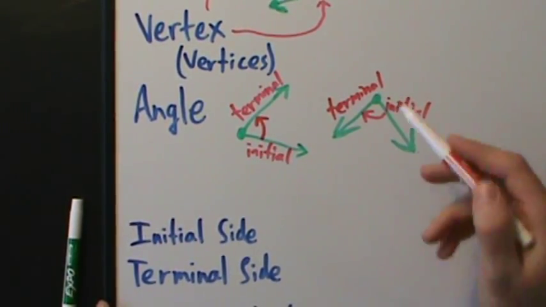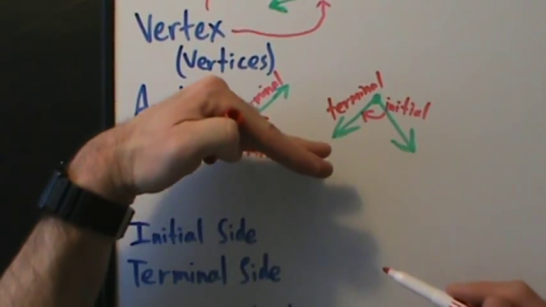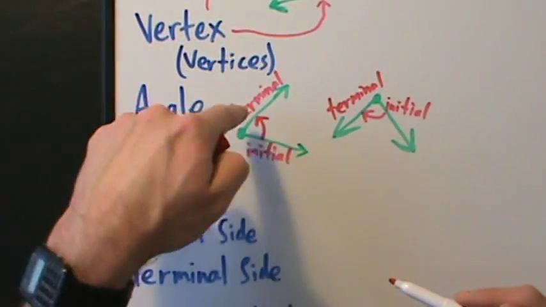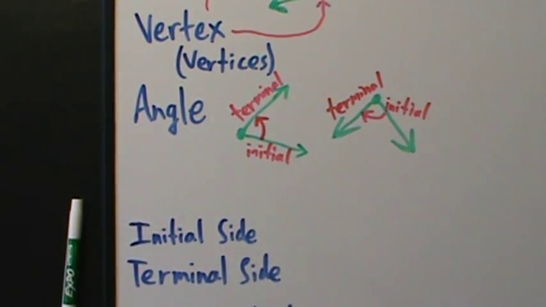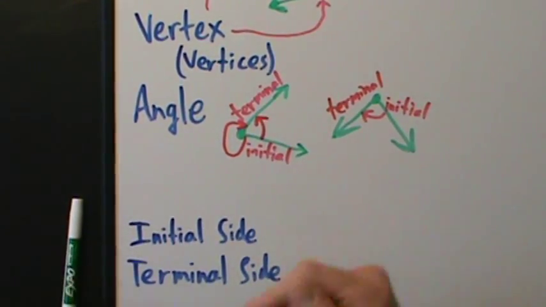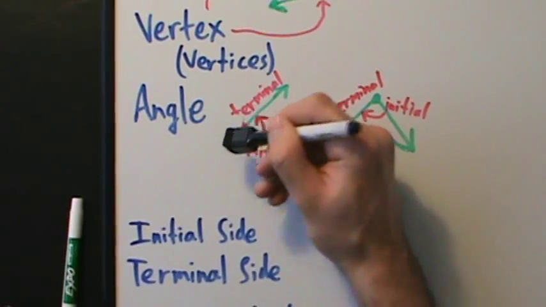So again, where you start the rotation, that ray is your initial side, and your terminal side is where you end up. I drew these rotating this way, but we also could have thought about it rotating like this. But for now, let's just take it one thing at a time.